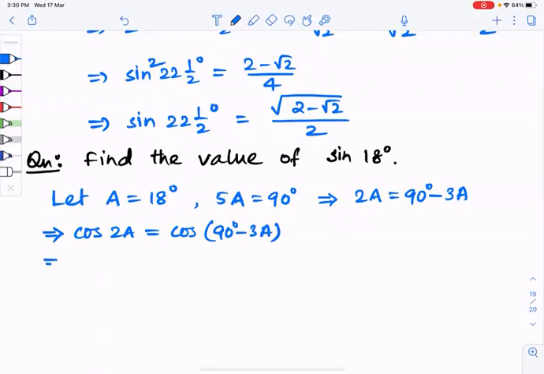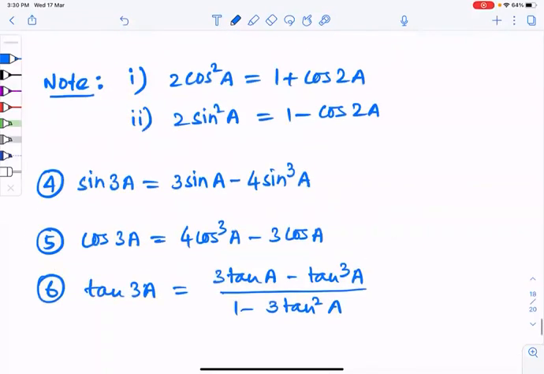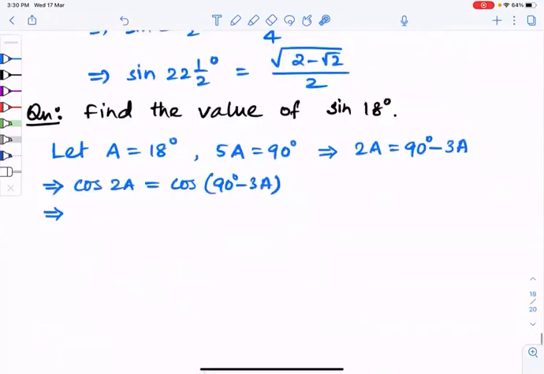Now cos 2A has got many formulas. In fact, cos 2A has got 1, 2, 3, 4 formulas. I am going to use this one because I want the result only in sine. So cos 2A is 1 minus 2 sine square A. Cos of 90 minus 3A will become sine 3A.